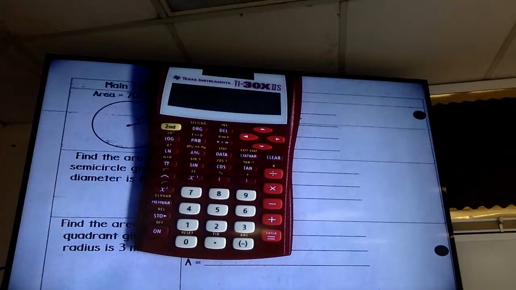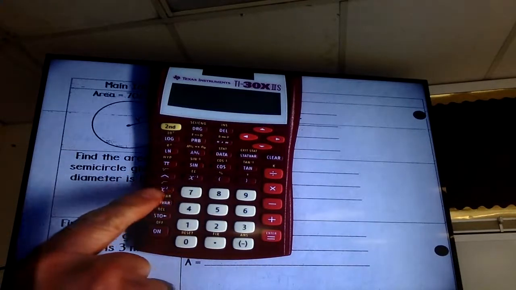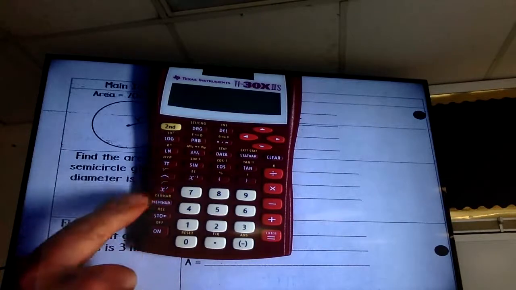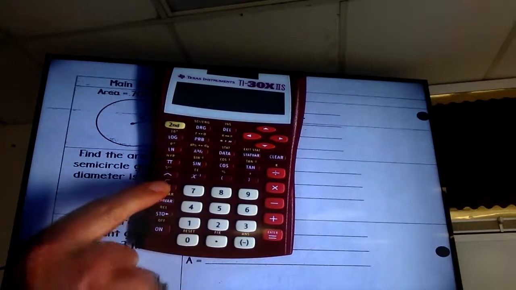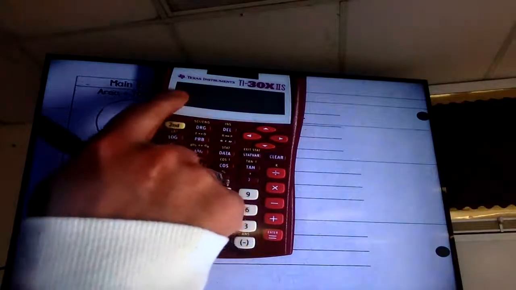A square root is undoing that. If I give you 36, you have to tell me what number you can multiply by itself to give you 36. Oh, that's 6. So lucky for you, you have a square root button on your calculator. To access that, since it's above in the yellow, I have to hit second and then the x squared button, and it'll come up right here.